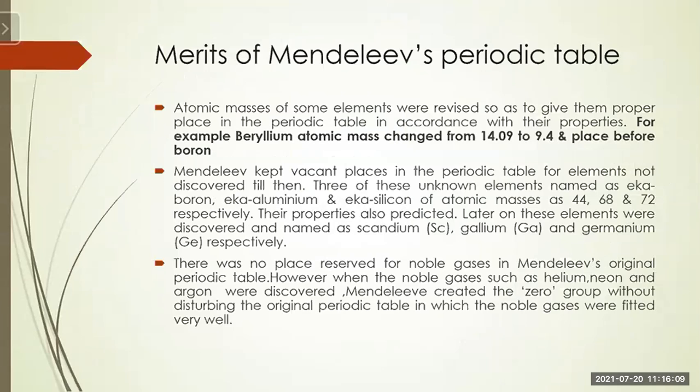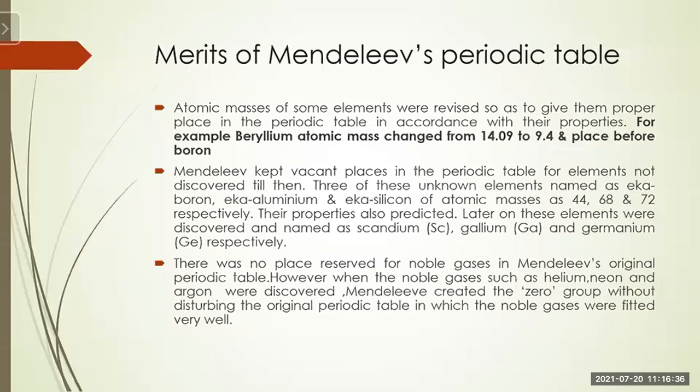Three of these unknown elements, named Eka boron, Eka aluminum, and Eka silicon, had atomic masses of 44, 68, and 72. Their properties were also predicted. He also predicted their properties. Later on, these elements were discovered as scandium, gallium, and germanium.